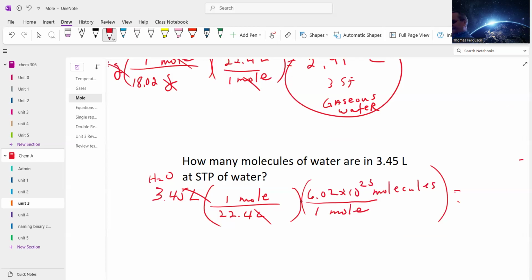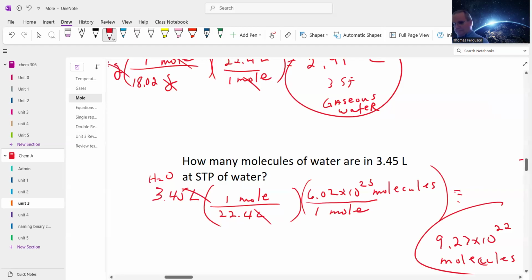Oh, goody, this doesn't have an EE. So lots of molecules.